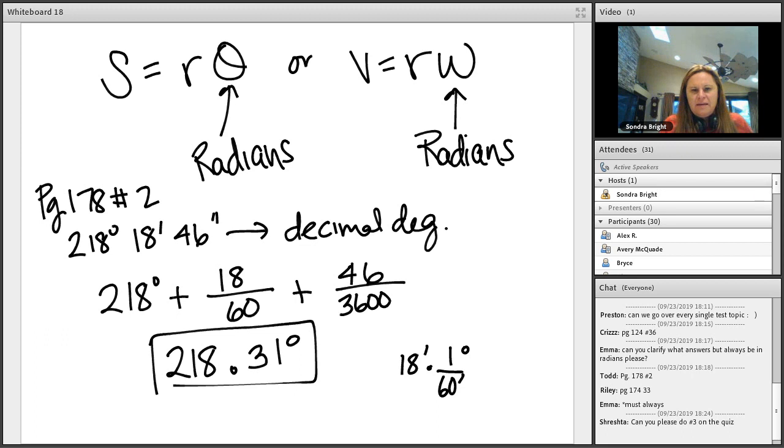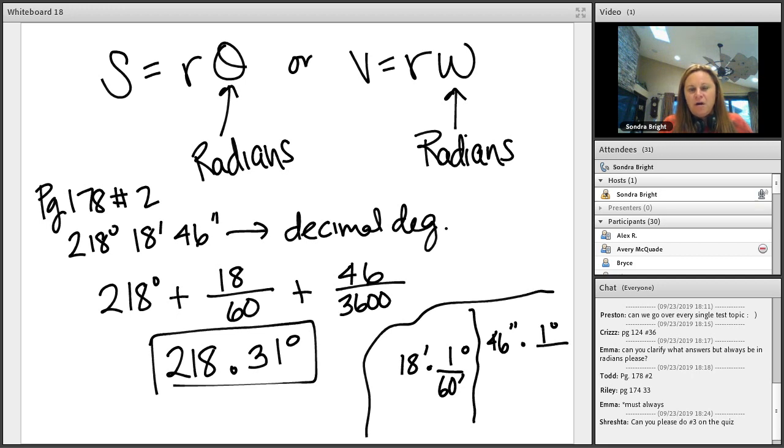And then there are 3,600 seconds in 1 degree, and so that's why we do 46 seconds, and you're multiplying it times. In 1 degree there are 60 minutes, and then there's 60 seconds in a minute, and so 60 times 60 is the 3,600 seconds.